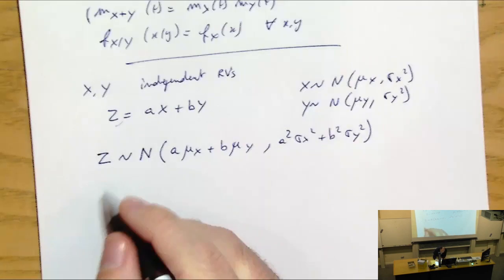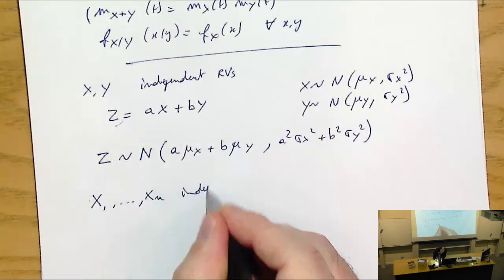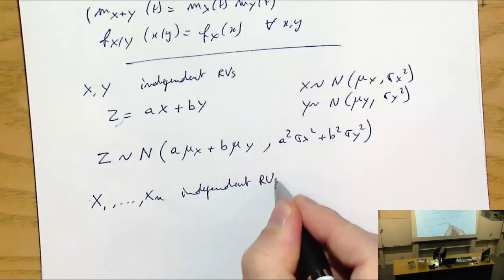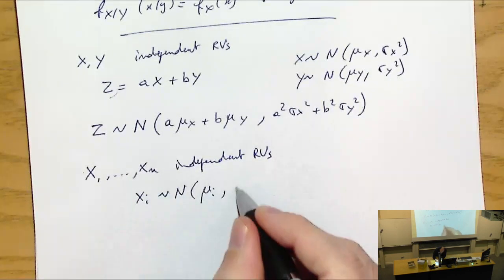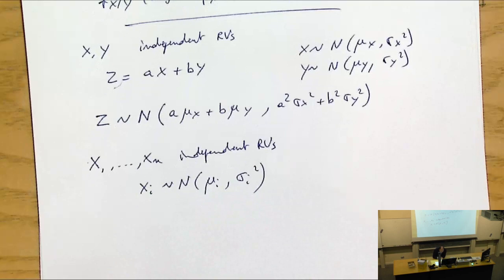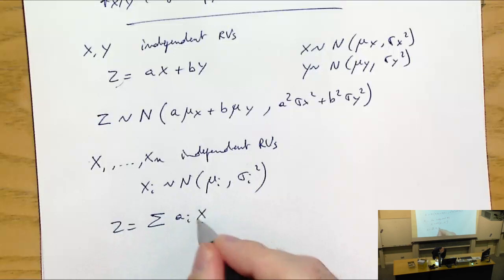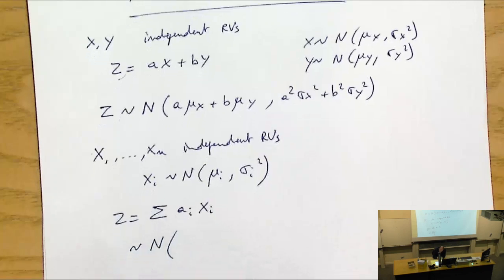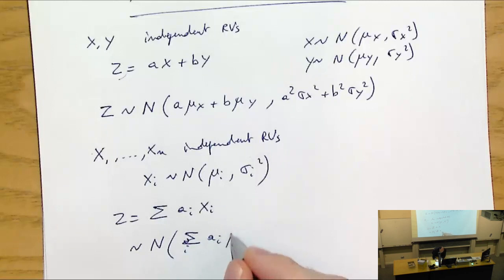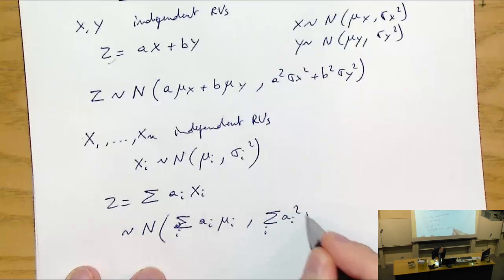You can do this for n of them. So if you have n independent random variables, and each of them is normal distributed with a certain mean mu i and certain variance sigma i square, then a linear combination of those, a weighted sum, is still normal distributed with a mean equal to the sum over i of a_i mu i, and the variance equal to the sum over i of a_i square sigma i square.